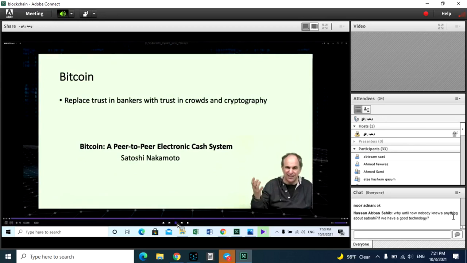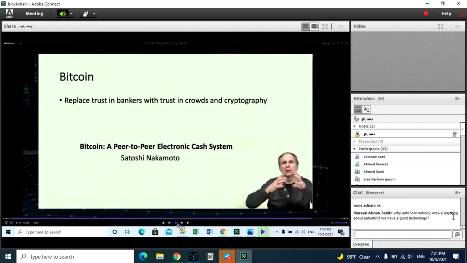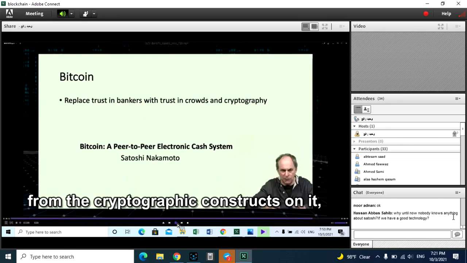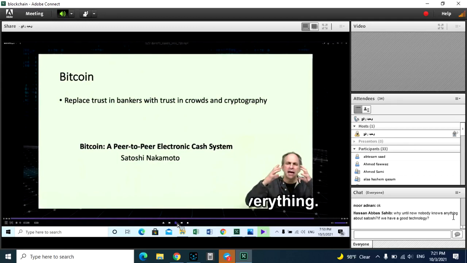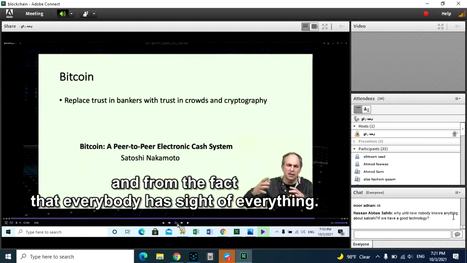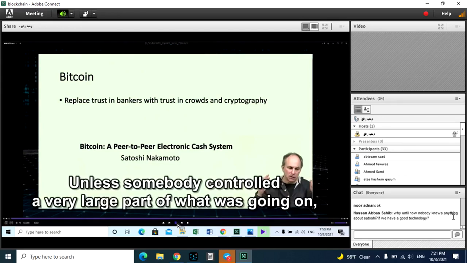The trust comes from the structure, from the cryptographic constructs on it, and from the fact that everybody has sight of everything. So if someone controlled a very large part of what was going on, they wouldn't be able to pull the wool over everybody else's eyes. So we'll get to that.